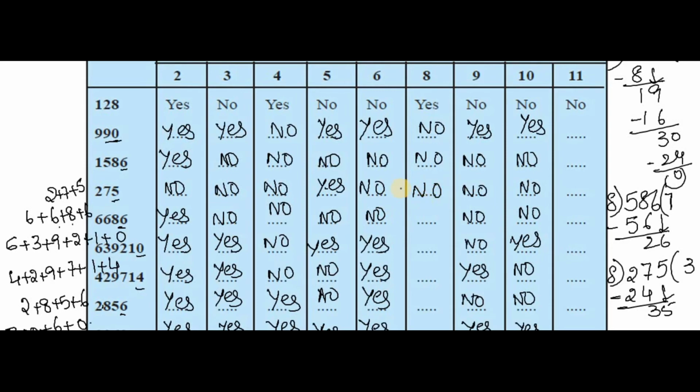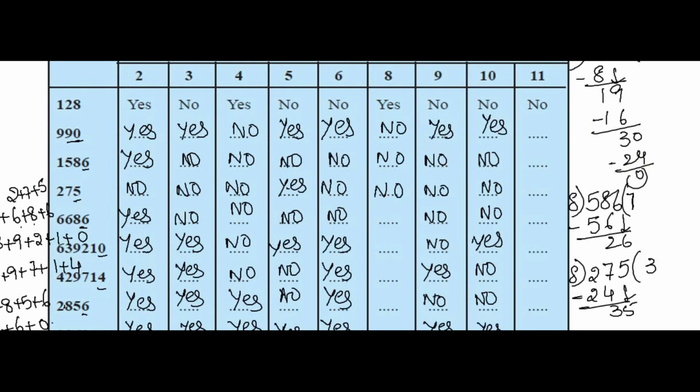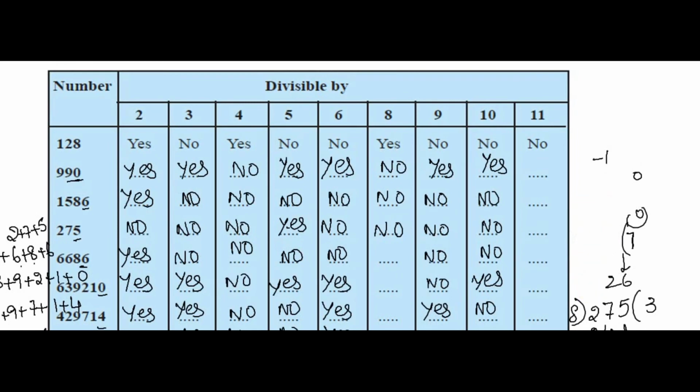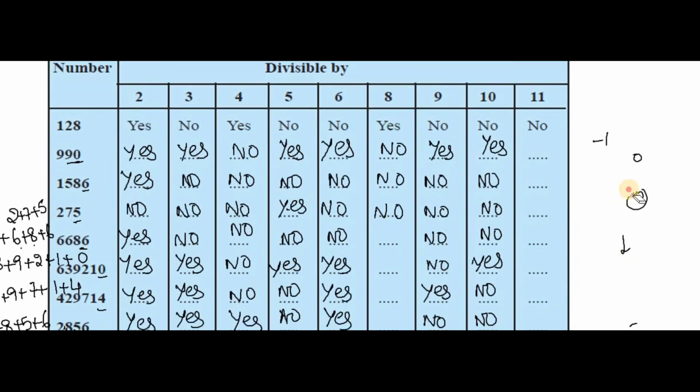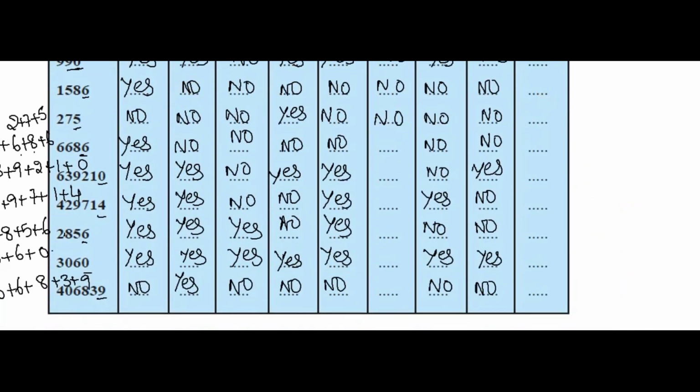Now 686. In the 8 table, 8 eights are 64, then 46. 8 sixes are 48, 8 fives are 40.